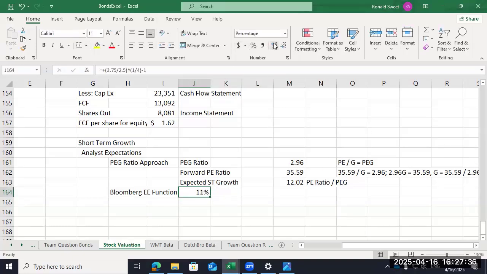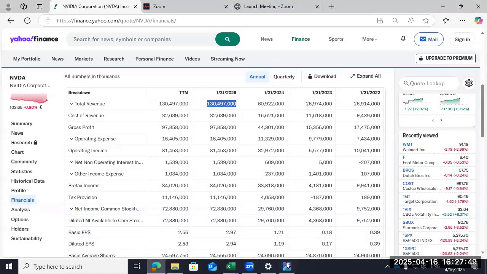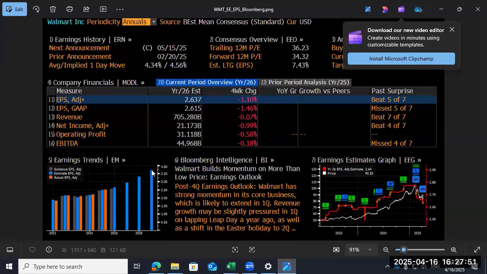That gives you a lower number, 10.67, but it's in the ballpark, right? These aren't exact numbers, but this is 2029.